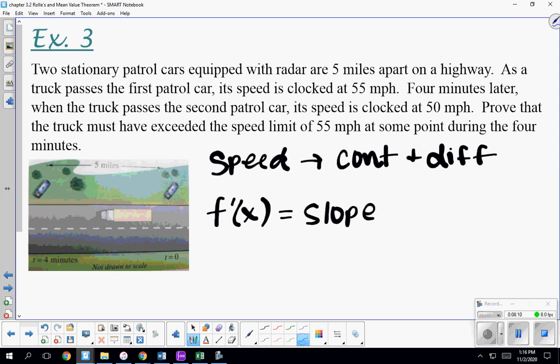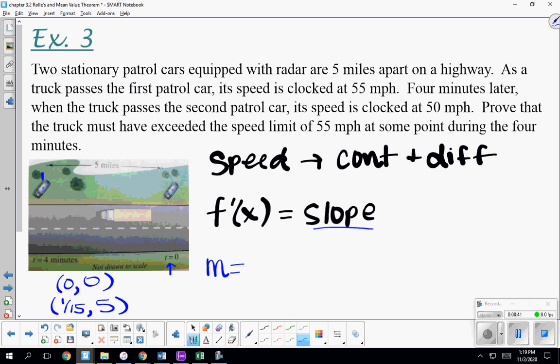And since we know 2 points, we know they are 5 miles apart, so they traveled 5 miles. If I were to come up with 2 ordered pairs so that I could calculate slope, when time is 0, we can say maybe my position is 0. And then after 4 minutes, which is 1/15 of an hour, I was now 5 miles past there.